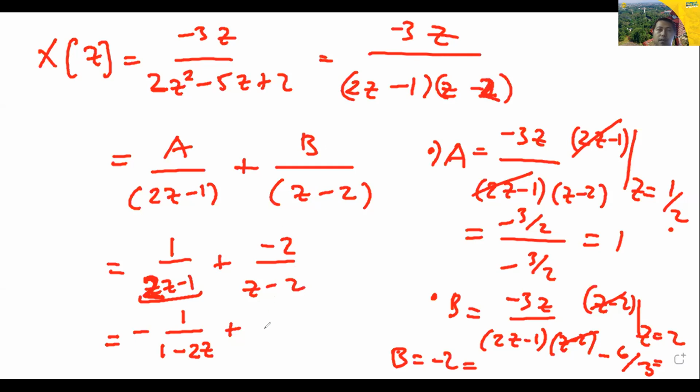It will be similar to this: take out the 2, divide by 2, so minus this 1, and this divided by 2, so what is this? 1 minus z over 2. Is that correct?